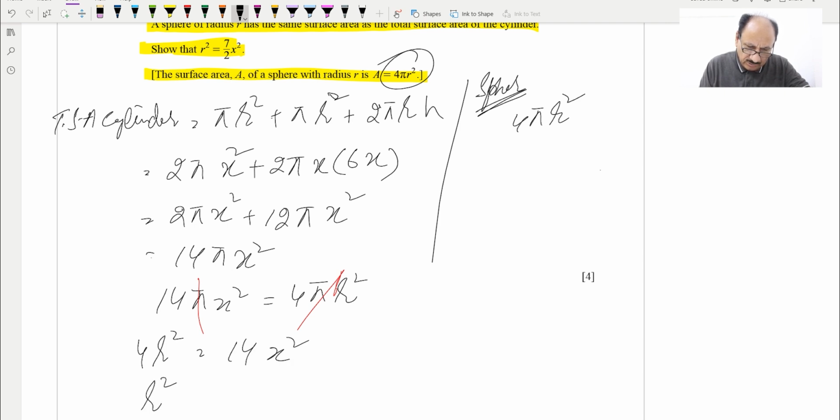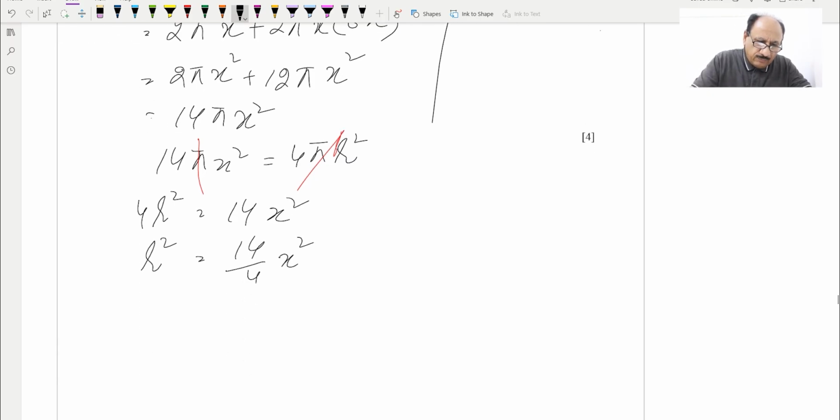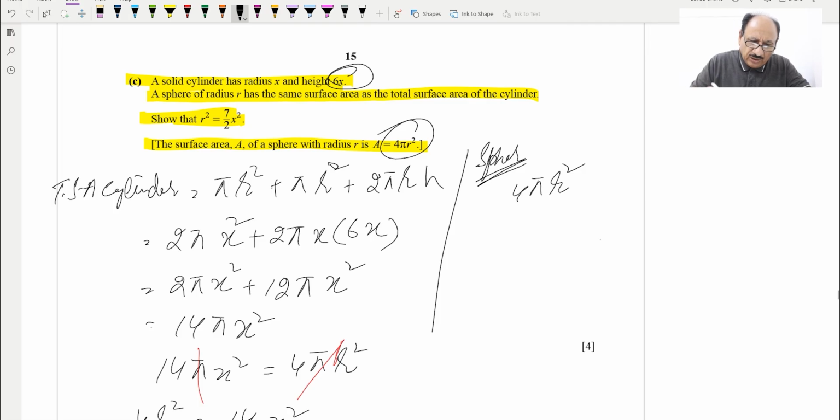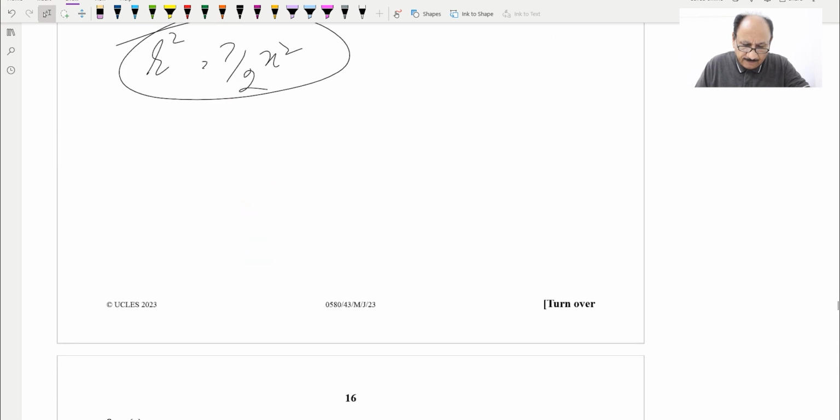So r square is equal to 14 over 4 x square, and then we can simplify. 2 4's are 4 and 2 7's are 14, and the final answer will be r square is equal to 7 by 2 x square, which was required for 4 marks, which we have done. We were supposed to prove r square is equal to 7 by 2 x square, which is done.